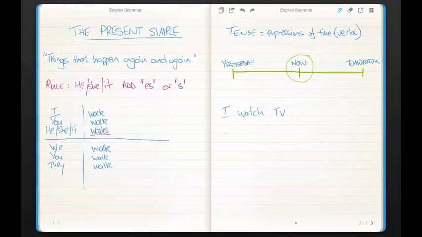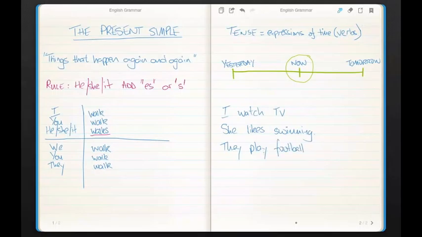If we take the example here, she likes swimming. Well, then you can see that likes has taken an S. The infinitive of the verb is like, but she's taken an S because it's she, and that goes along with our rule here. And finally, let's take they play football.